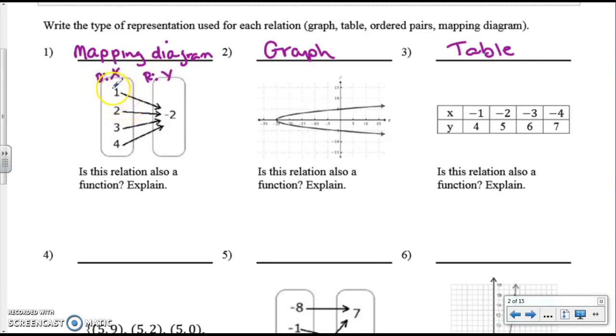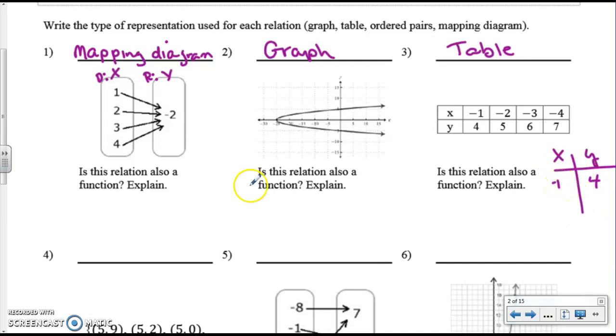This is telling you that you have a point at 1, negative 2, and you have a point at 2, negative 2, and a point at 3, negative 2, and a point at 4, negative 2. Very similar to a table. It's telling you have a point at negative 1, 4, negative 2, 5, negative 3, 6, negative 4, 7. A lot of you are also used to seeing tables this way. It does not matter which way you write them, so it would still show us the same thing.